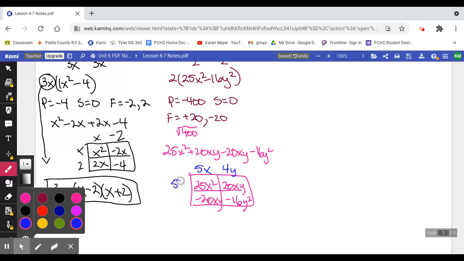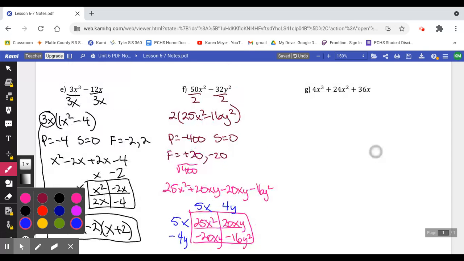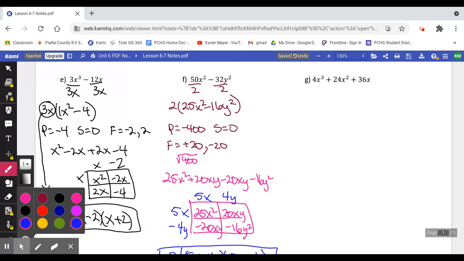Cross, we can take out a 5x. Oh, can't start with a negative. And also take out a 4y. So you're looking at 5x plus 4y and 5x minus 4y. Don't forget to put your GCF out in front, which my GCF was a 2.